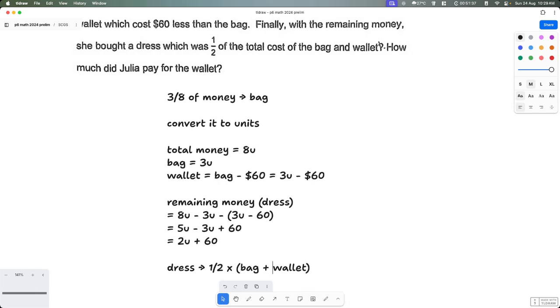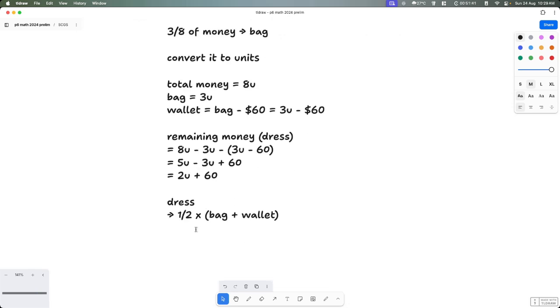So if we simplify or just work this out, it's basically half times bag is 3 units plus wallet is 3 units minus 60.